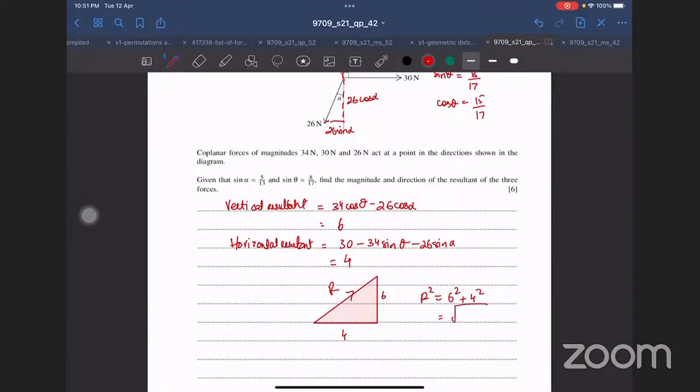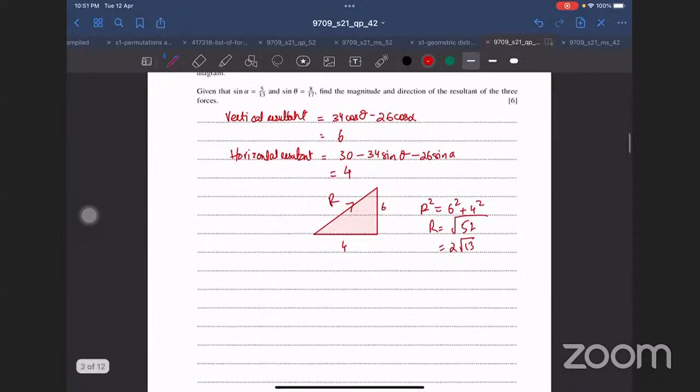I get root of 36 plus 16, which is 52. So R equals root of 52, which is 2 root 13. And for the angle, I can do tan inverse of 6 over 4.